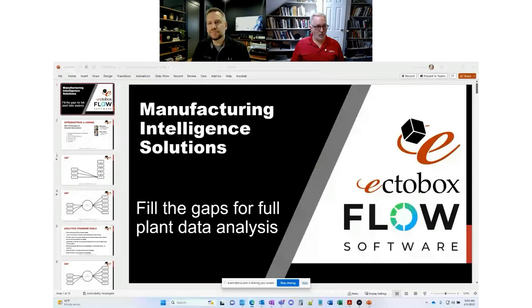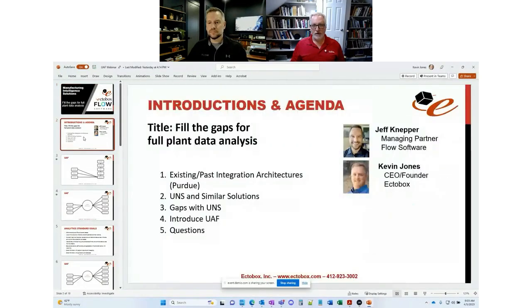So with that, let's get into it a little bit. Jeff is going to start off talking for a little bit about existing and past integration architecture, just very high level to summarize the current state or past state, and talk about some of the challenges with that, talk about the UNS, the Unified Namespace, and other solutions, and then talk about the challenges with that.